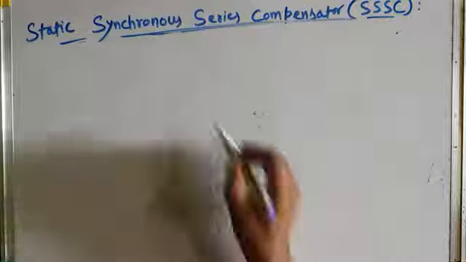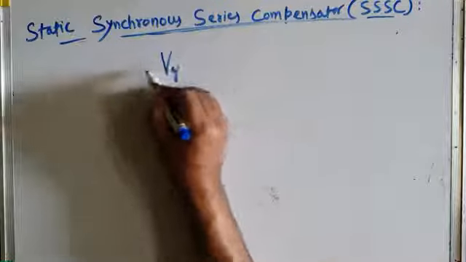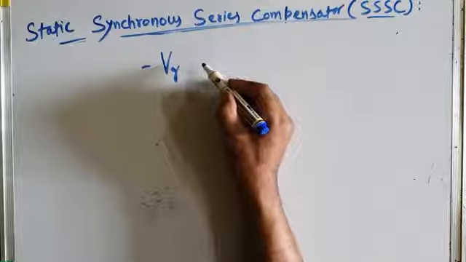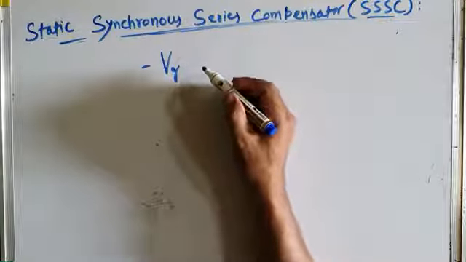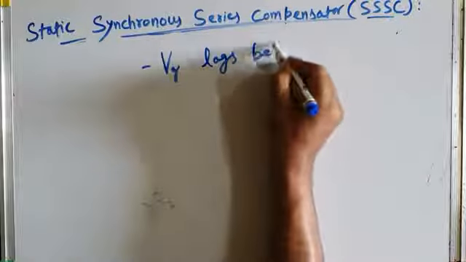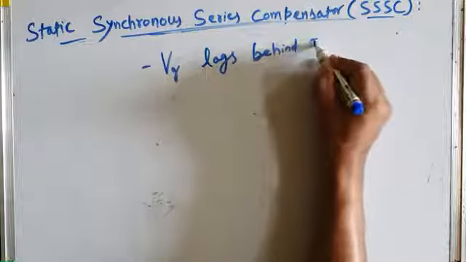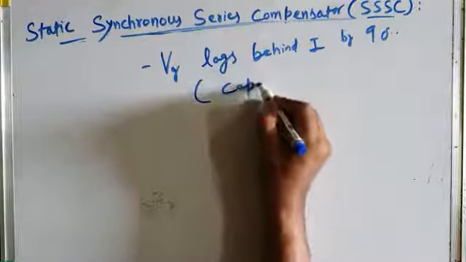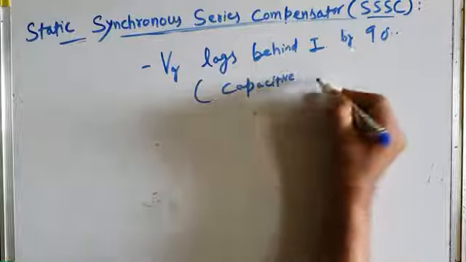Another thing is that when we say VQ is injected in series with the transmission line, this VQ can be made to lag behind the transmission line current I by 90 degrees, and it gives capacitive compensation.